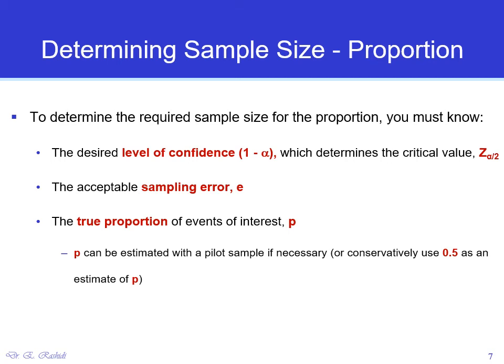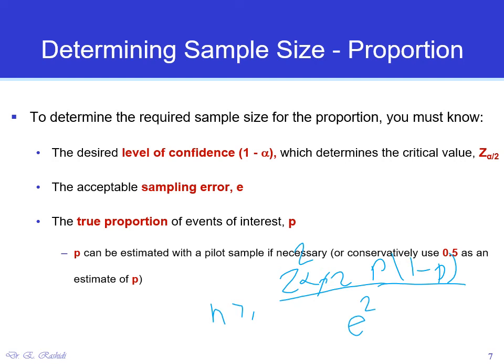Because in the formula that we found for n, previously, n has to be greater than or equal to z of alpha over 2 squared multiplied by p multiplied by 1 minus p over E squared.